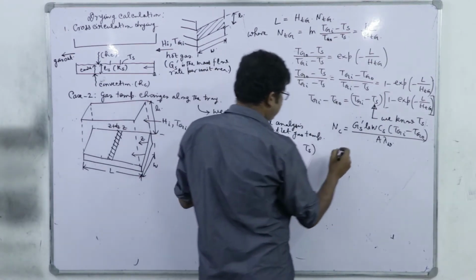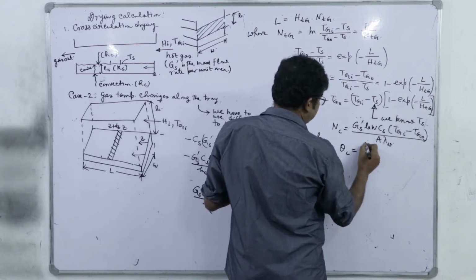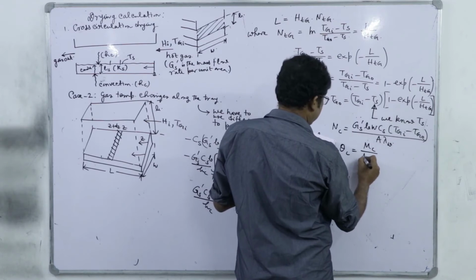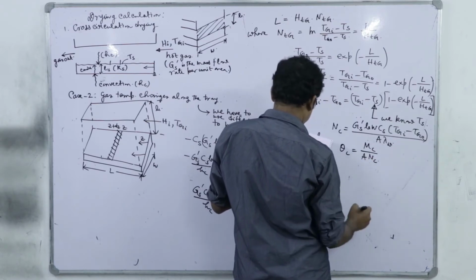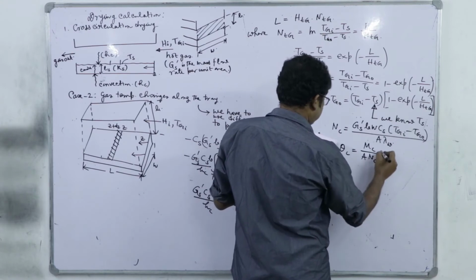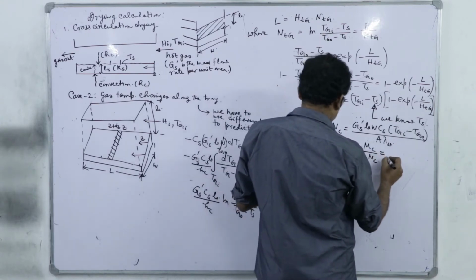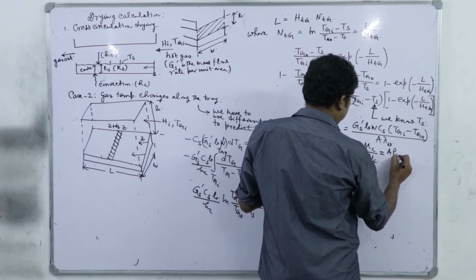So theta C will be the moisture removed divided by A into NC. Now the amount of moisture which has been removed over the constant drying rate is A into rho S into LS.